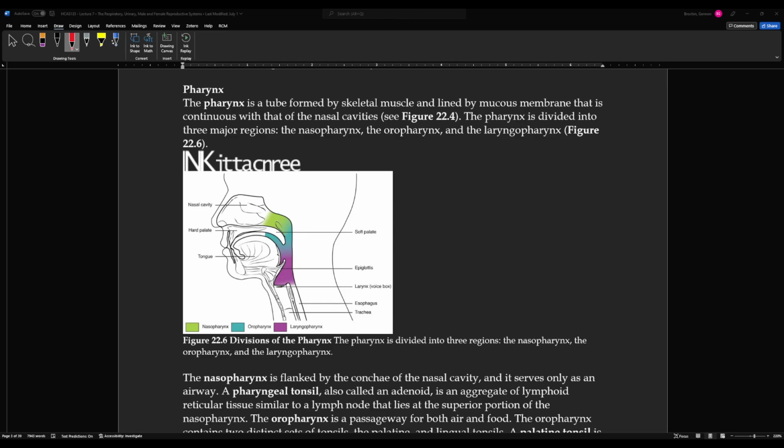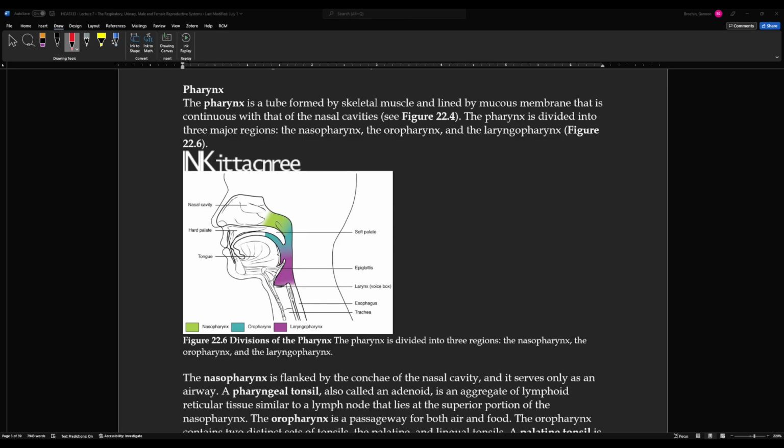The oropharynx is the connection of the pharynx to the mouth, and our laryngopharynx is the area that encompasses parts of the larynx as well as the pharynx, where they kind of overlap. Again, as I mentioned before, the oropharynx and the laryngopharynx together are shared spaces between the digestive and respiratory tracts.